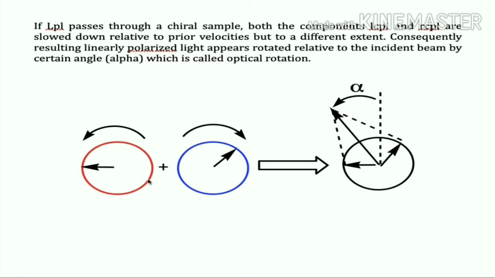Its velocity is slowed down, so it will tilt. So whatever the tilt or orientation from this linearity, that measure will be called optical rotation. So that is the main concept involved in optical rotatory dispersion.